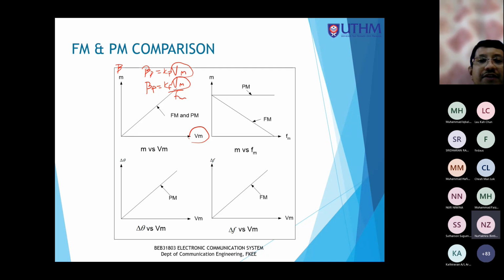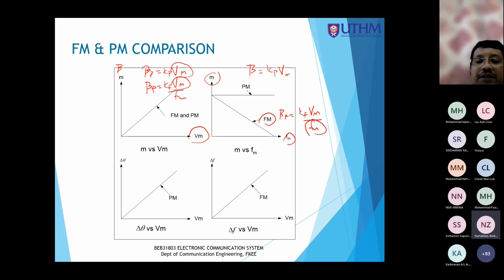And in the second graph, this is again the modulation index versus FM. For PM, beta is just equal to Kp VM. It is not related to the modulating signal frequency. Whereas for FM, beta F is equal to Kf VM over FM, so it is inversely proportional to the modulating signal frequency.